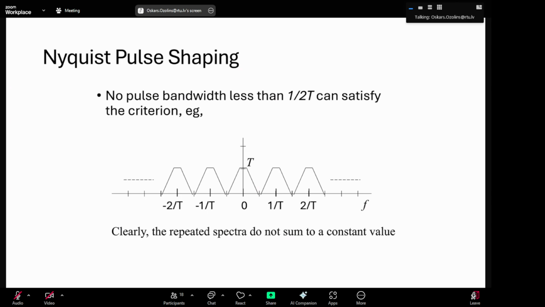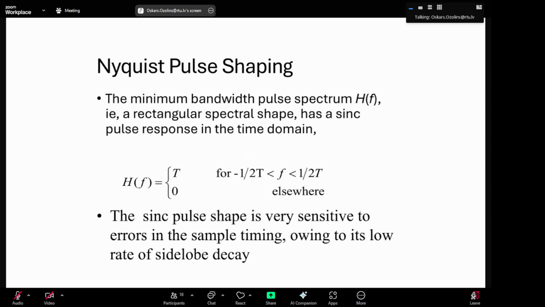That is called a Nyquist pulse shape, where we can define it in this way.